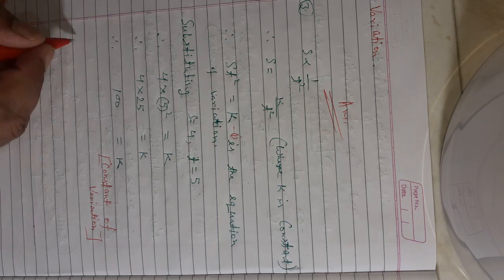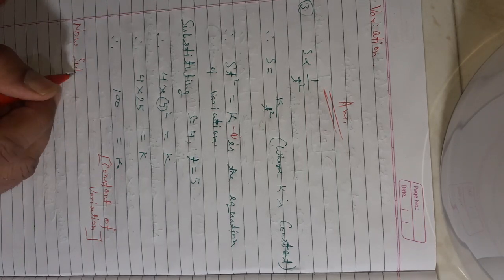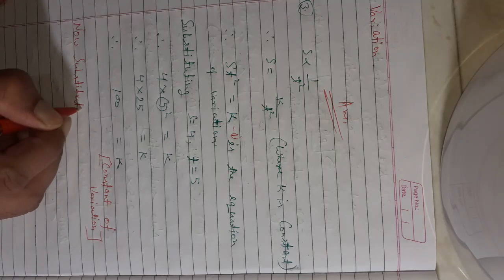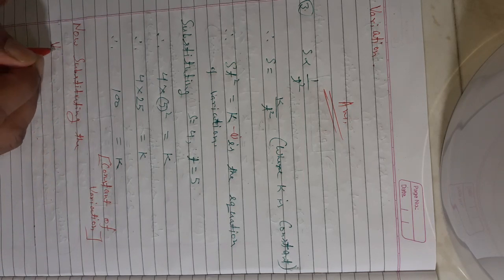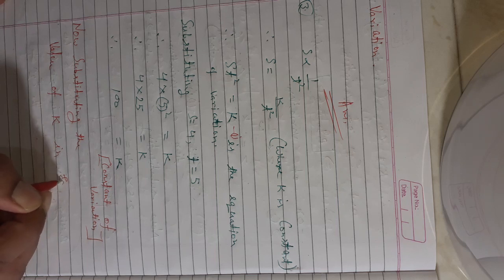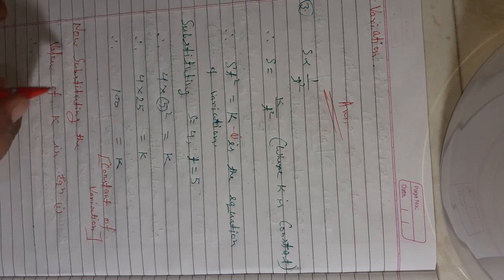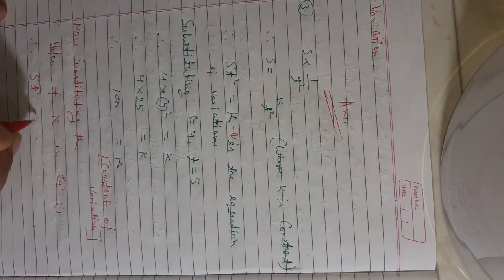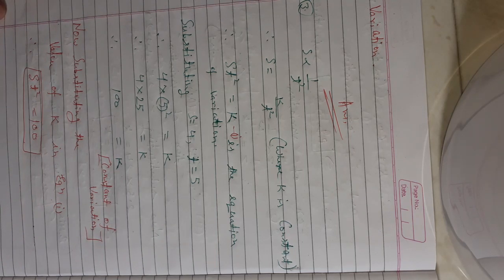So substituting the value of k in equation 1, therefore st square is equal to k, and k is 100. So st square is equal to 100.